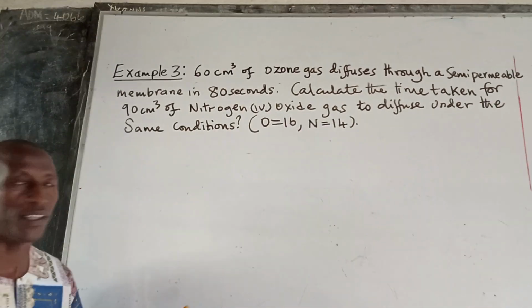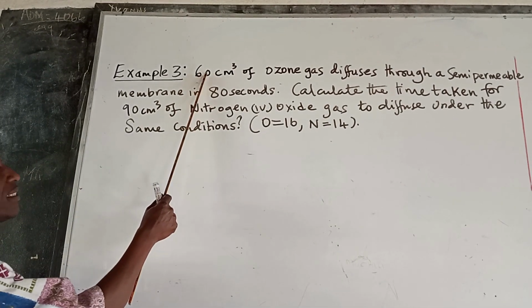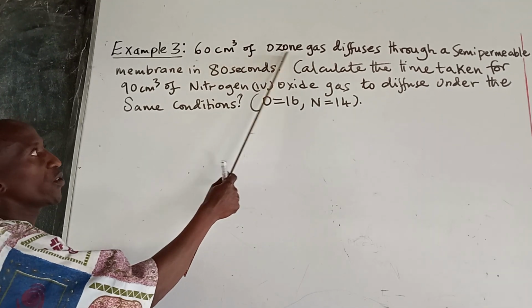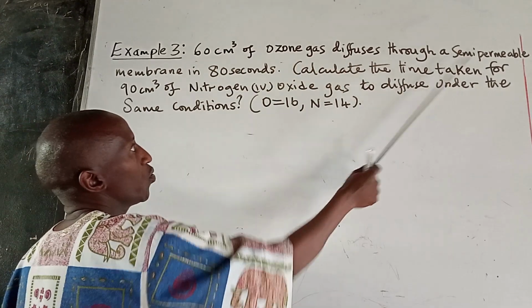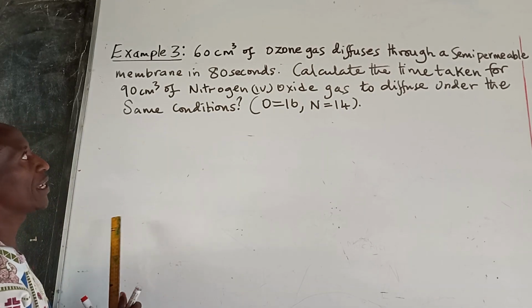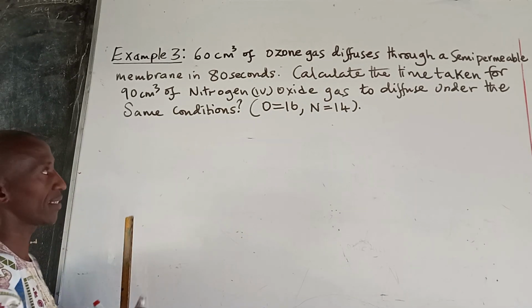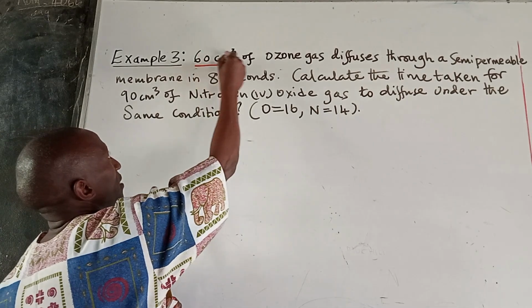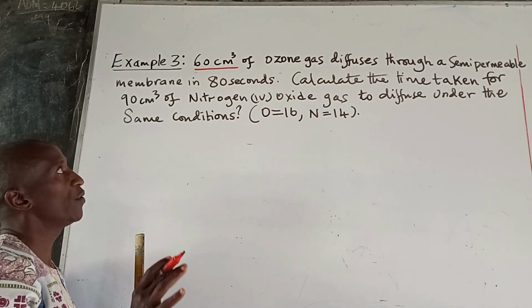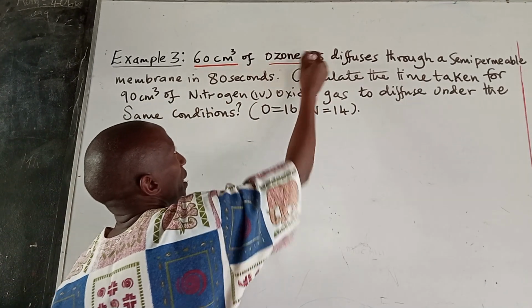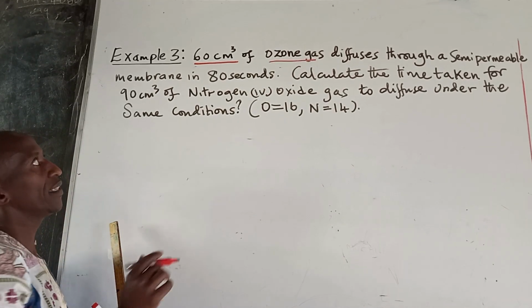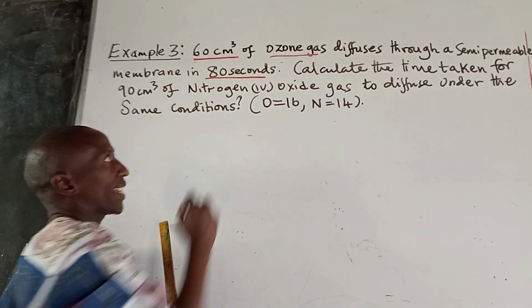In question number 3, we have 60 centimeter cubed of ozone gas diffusing through a semi-permeable membrane in 80 seconds. So we have 60 centimeter cubed as our volume for the ozone gas, and it is diffusing in 80 seconds.